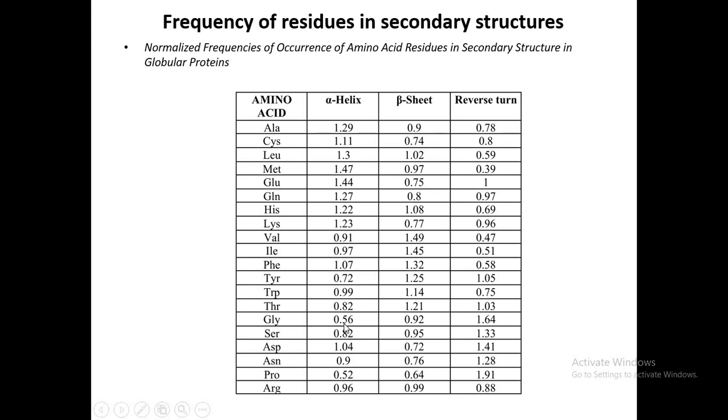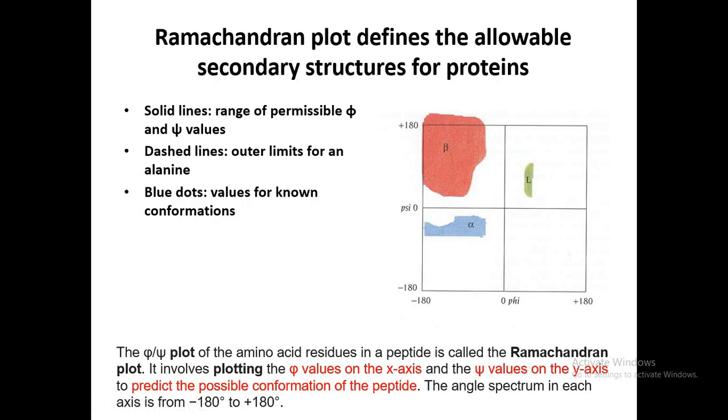This one is glycine. And which amino acid has the higher probability in the alpha helix? It would be aspartate. So this is how we read this graph.